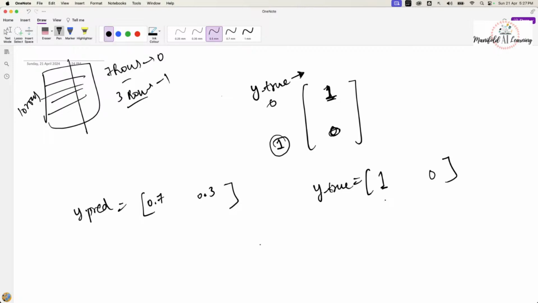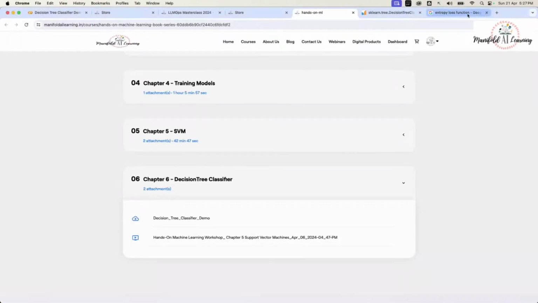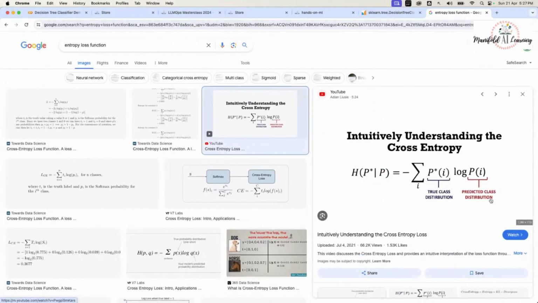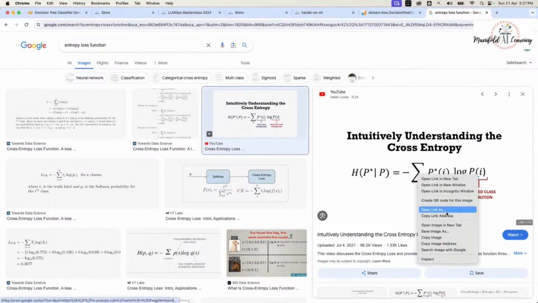The entropy is given by P of i log to the base 2 of, like here it is P of i. Let's look into the formula again. The formula says P of i, that is the true class distribution, multiplied with log of the predicted class distribution.